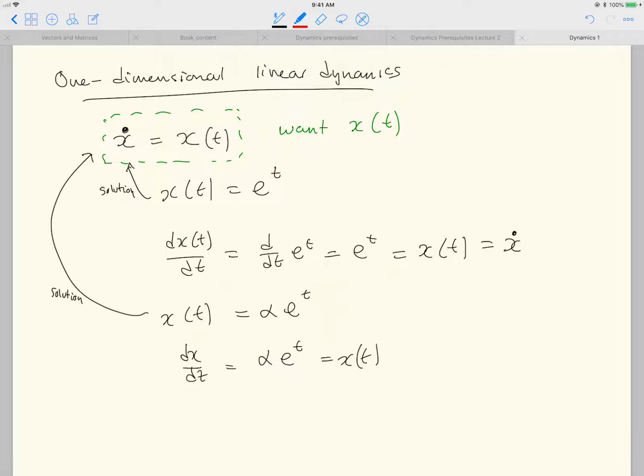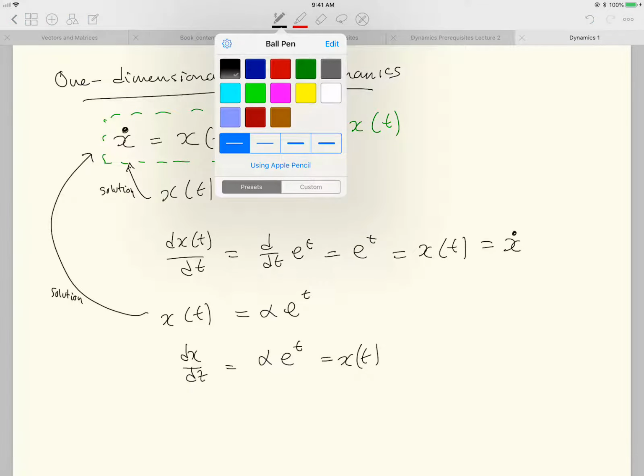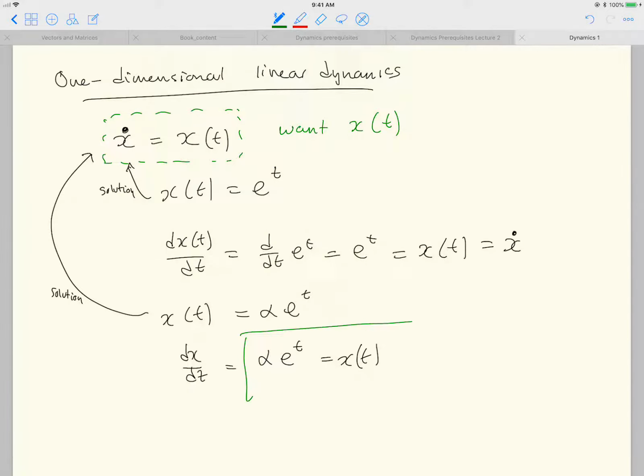If we look at this equation right here, what is x of t when t equals 0? Almost there, you're almost right. So when t equals 0, alpha. Exactly. So alpha is the value of x at t equals 0.